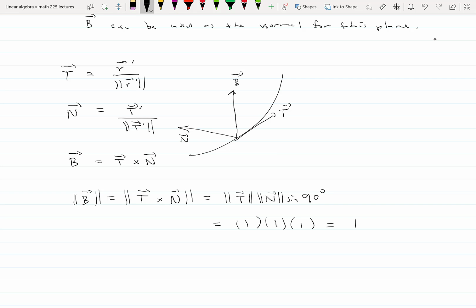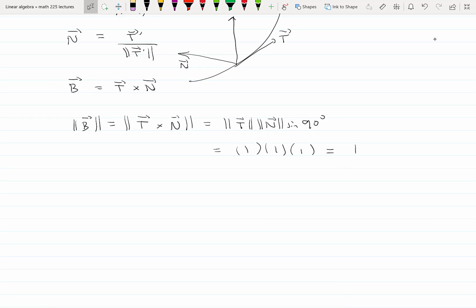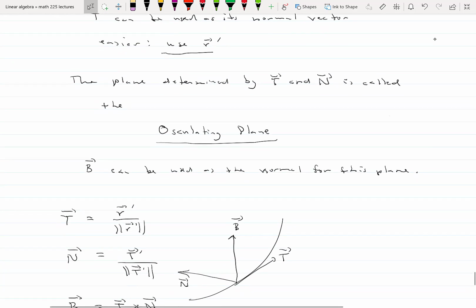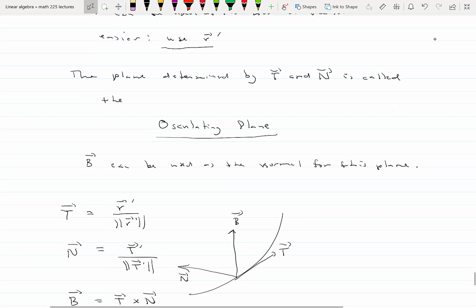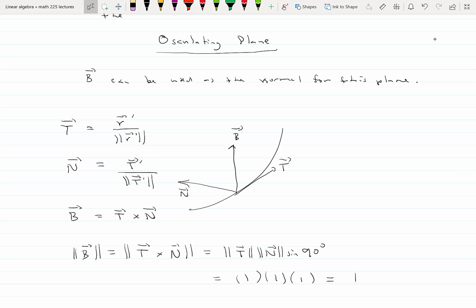Now, we'll finish this lecture with a good normal vector for the osculating plane. Let's go back. The osculating plane is the plane determined by T and N. So, as I mentioned a few minutes ago, a perfectly legitimate normal vector would be the binormal vector.